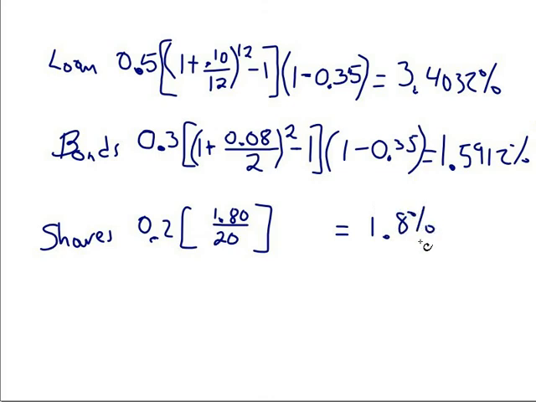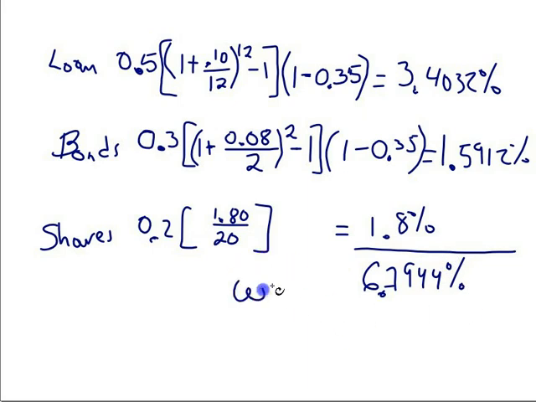Okay, hold on, let me double check that quantity. Okay, it's correct. And when we add all these quantities together, because the weighted average is the contribution of each loan, the bond, and the shares, this number is 6.7944%. This is the weighted average cost of capital.